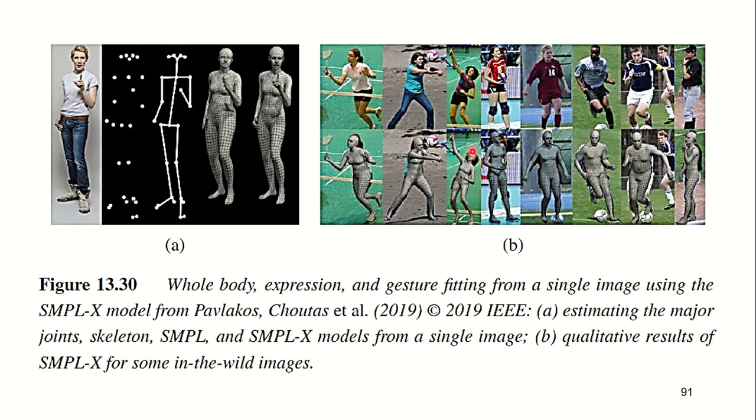And figure B shows the qualitative results of the SMPL-X model for some in-the-wild images. All these are the images, and from these, these are the final SMPL-X models. Like this, these are the models which have been recreated from a single picture.